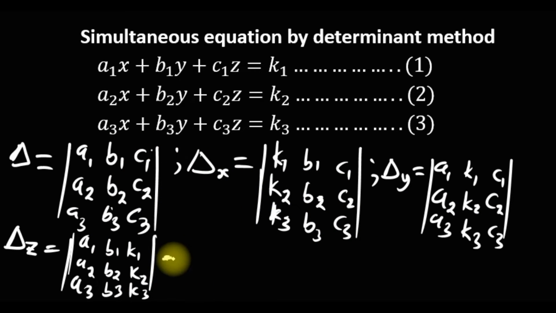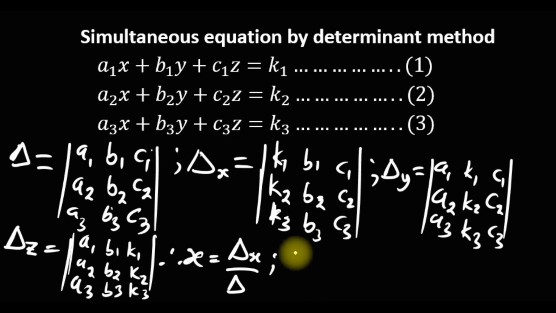So to get what we are looking for, which is x, we divide the determinant that has subscript x by the one that has no subscript, delta. We divide each of these by delta.